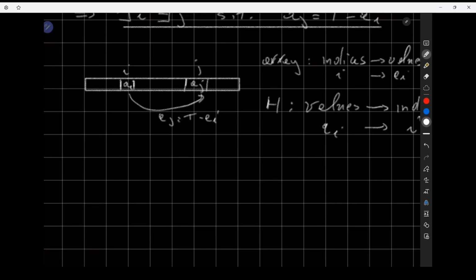How does it lower it? So first of all, I'm going to declare H as an empty hash map of int.